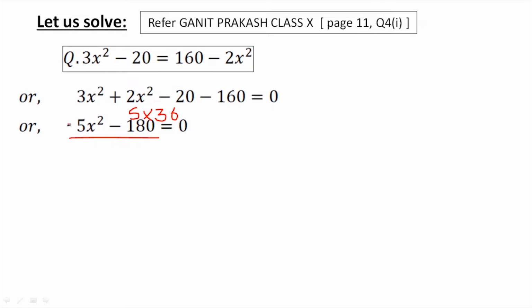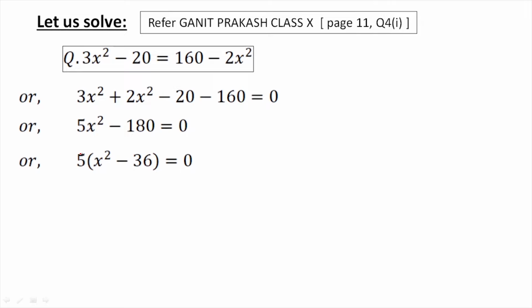So we see that 5 is common in both. So we'll take out 5 as common, and the remaining term will become x square minus 36. So 5 is common, and the term that is inside is x square minus 36.